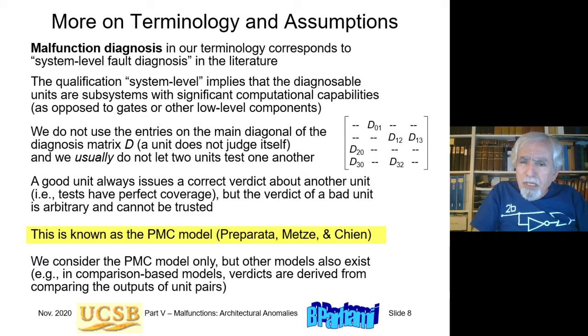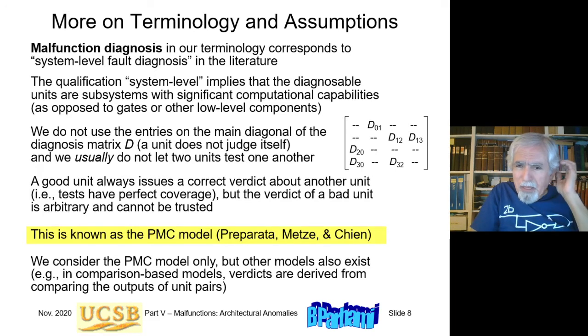So if the outcomes match, then we conclude that both units are okay. If the outcomes do not match, then we conclude that one or the other one, we don't know which one, is not okay.